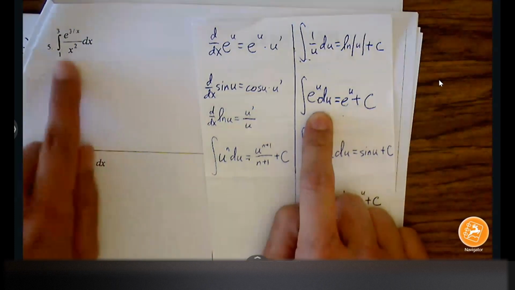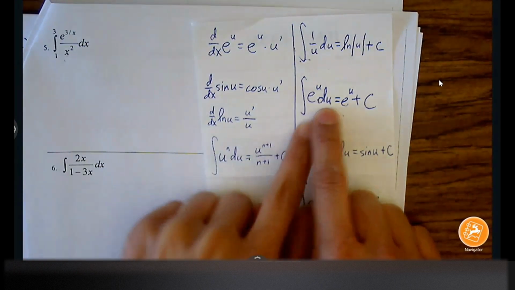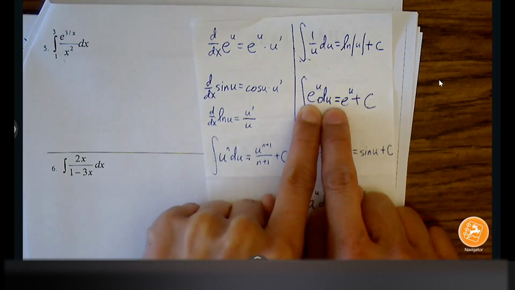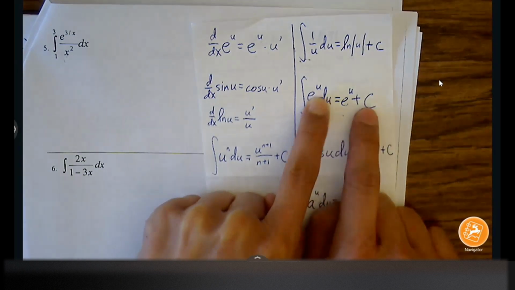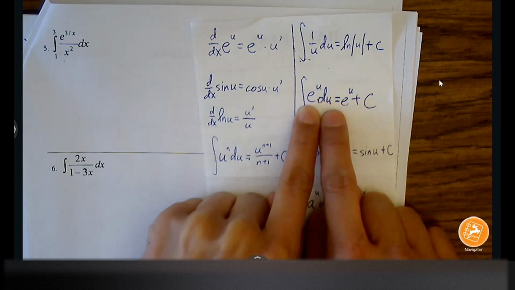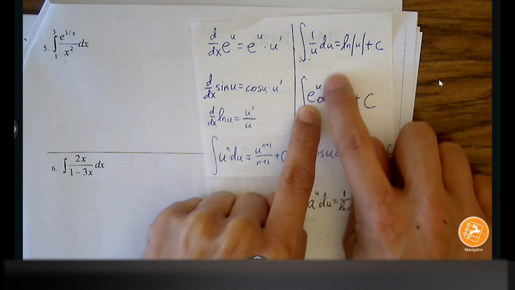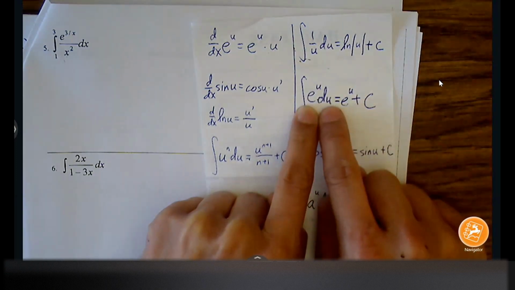Okay, so look at this here. If I want to use this rule, where does my u value have to live? In the denominator? Well, where's the u located in this rule here? Oh, wait, actually, no, you're right. It has to be 3 over x, right?